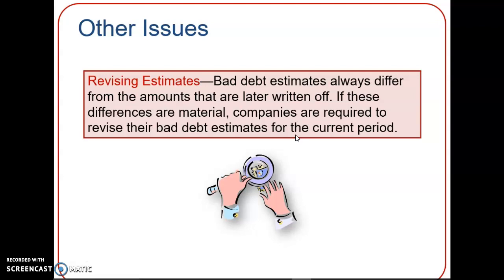Some other issues: sometimes we have to revise our estimates. Bad debt estimates always differ from the amount that is later written off. That's why it's by definition an estimate. If those differences are material, companies are required to revise their bad debt estimates for the current period.